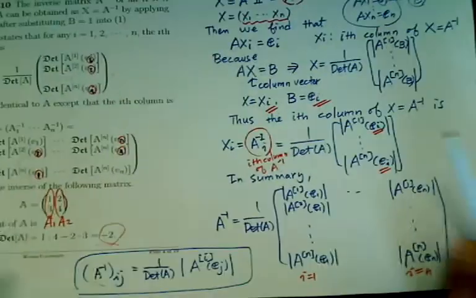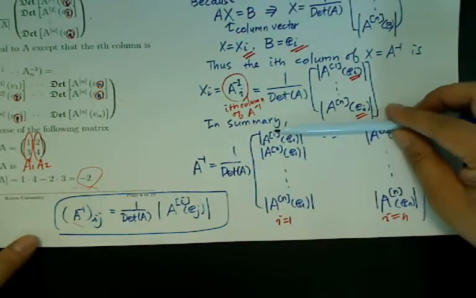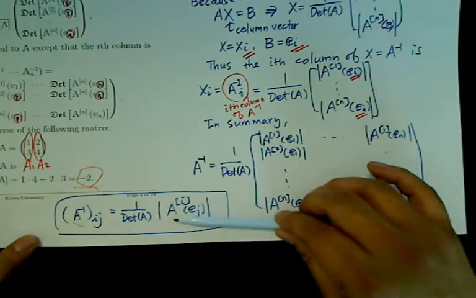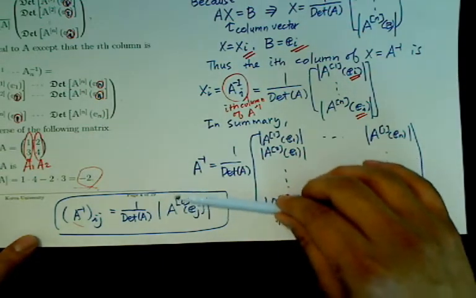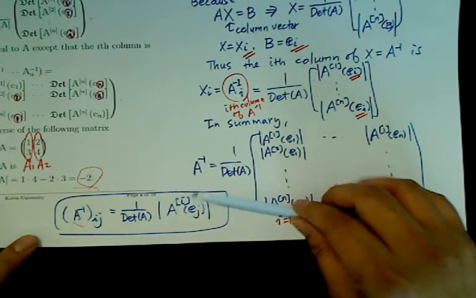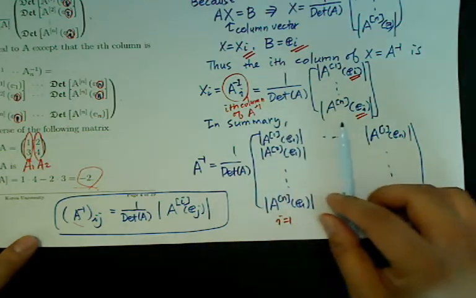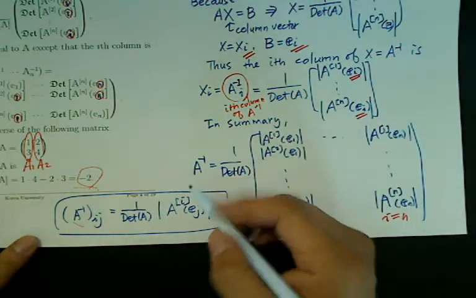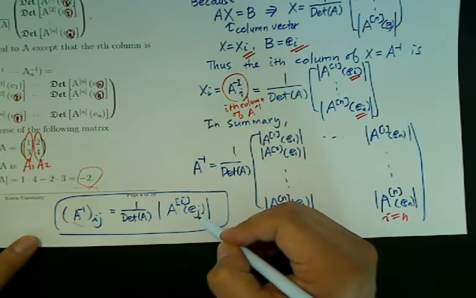And in general, if I pull out the ij element, this one determines I, and this one determines J. So the ith column of matrix A is replaced with the jth column E, where J is the index. So this is EJ.